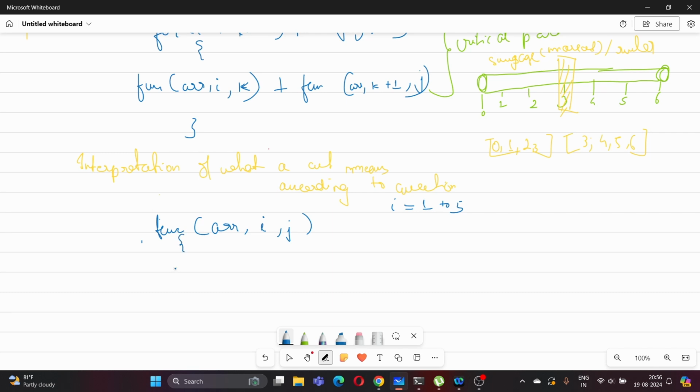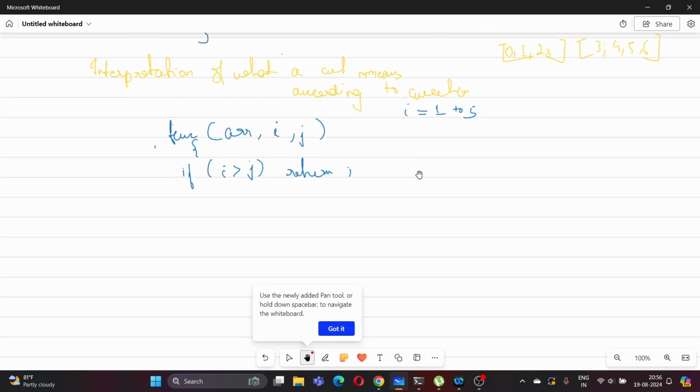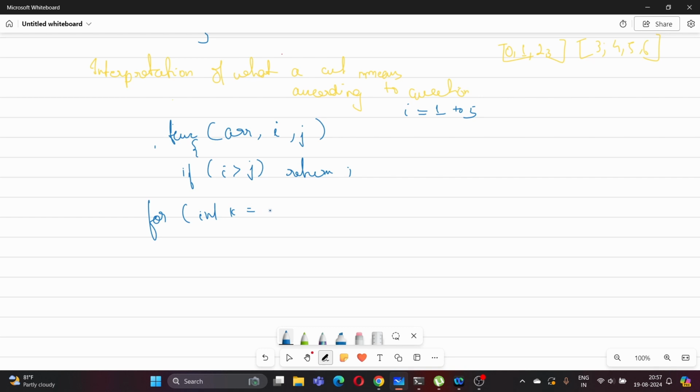And interestingly, the base condition will also remain the same. If I is greater than j, return. Greater than or greater than or equal to, depends on the question sometimes, so let's keep an open mind about it. But now the interesting part, the iteration part. For int k equal to I, start with I, k less than j, k plus plus.